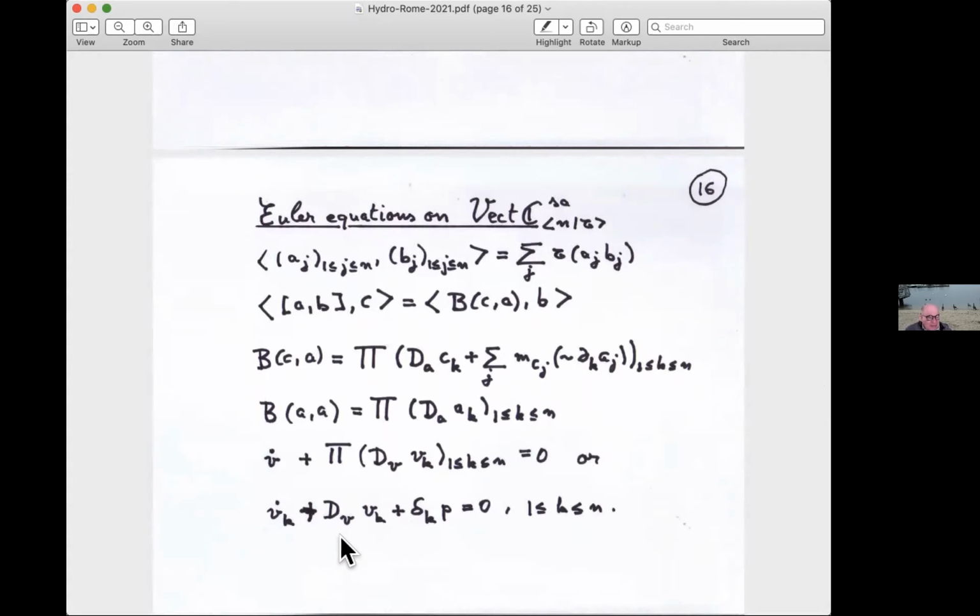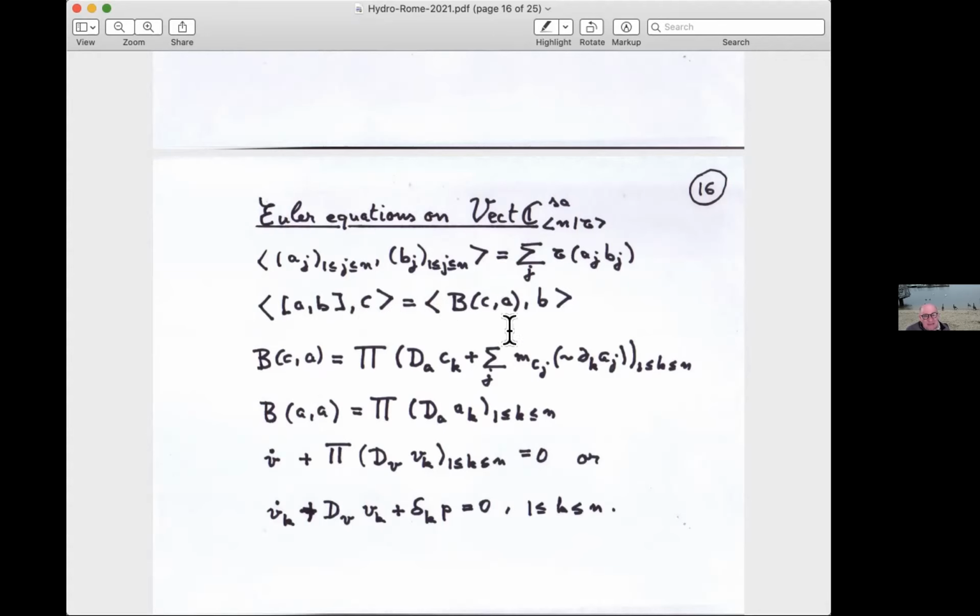And here is an equation which gives this bilinear form B. I need the scalar product of the commutator AB, the Lie bracket, with C to be B(C, A, comma B).